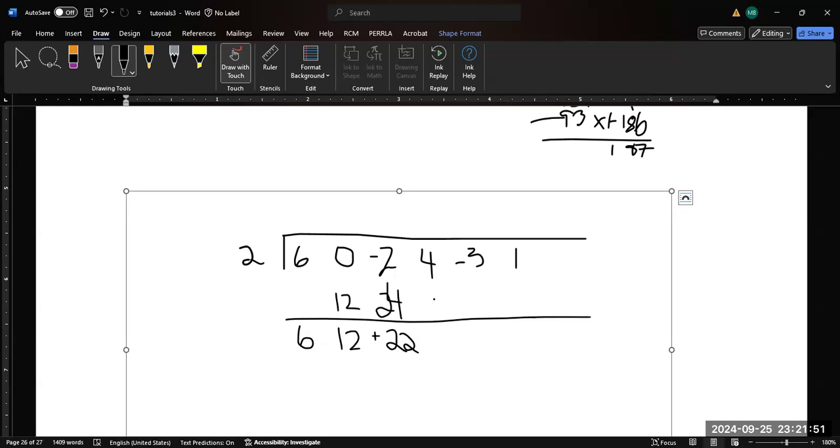And then we multiply and add, and then we multiply and add, and then we multiply and add.